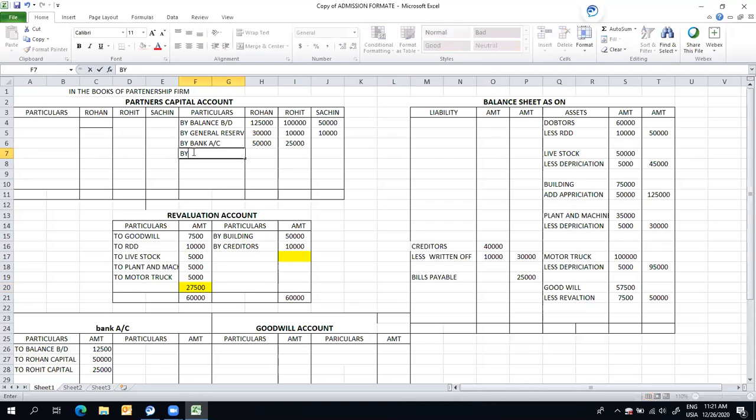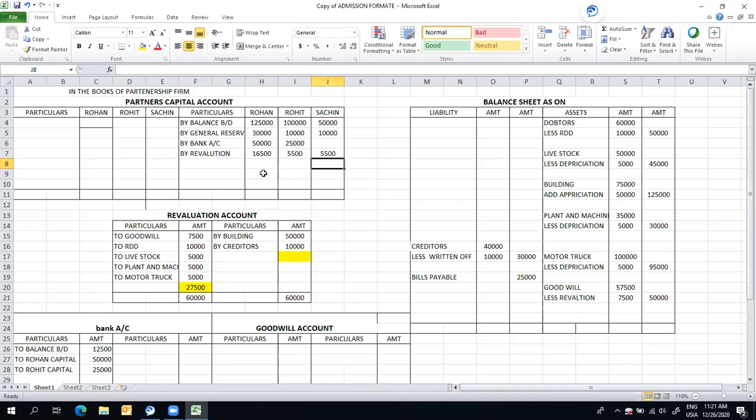Yes, sir. By revaluation. I don't have space, that's why I'm not writing over there. 16,500, 5,500, and 5,500. Okay. Now, after closing of the revaluation account, we have to close the partners' capital accounts.